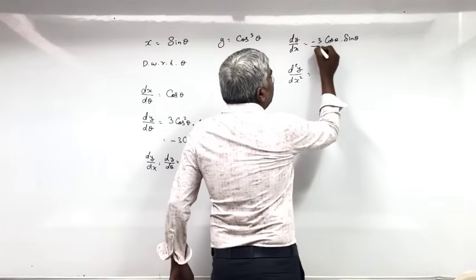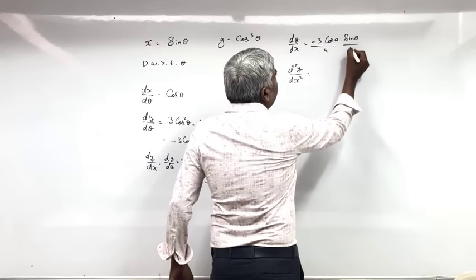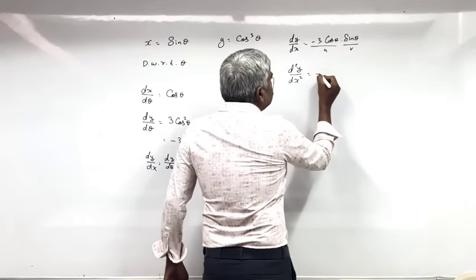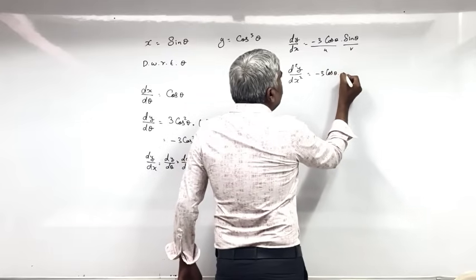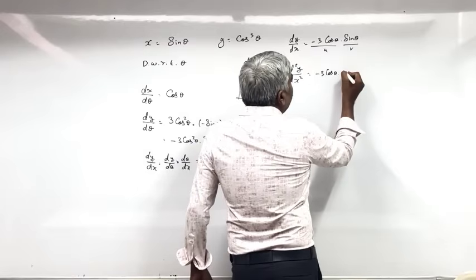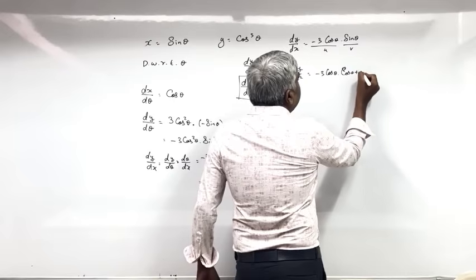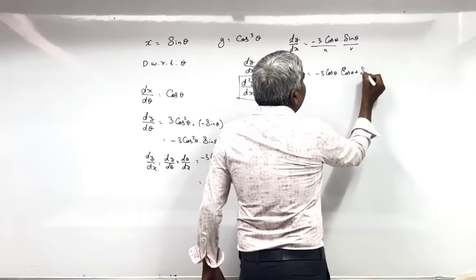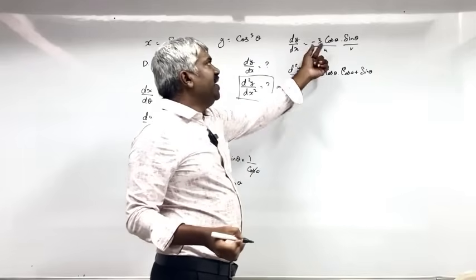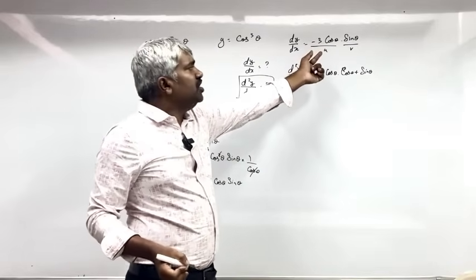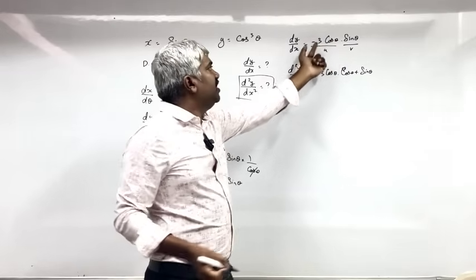So this can be taken as u and this is v. So the formula is u v dash plus v u dash. Now the differential of minus 3 cos theta is, if you differentiate cos theta, you get minus sin theta.